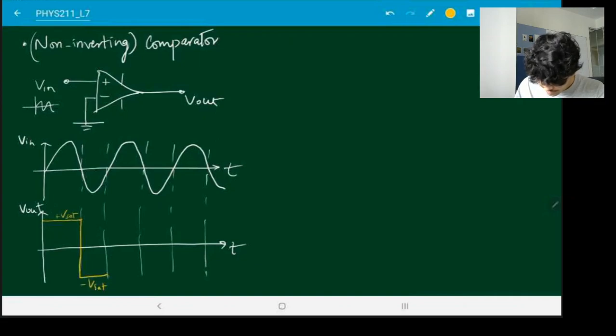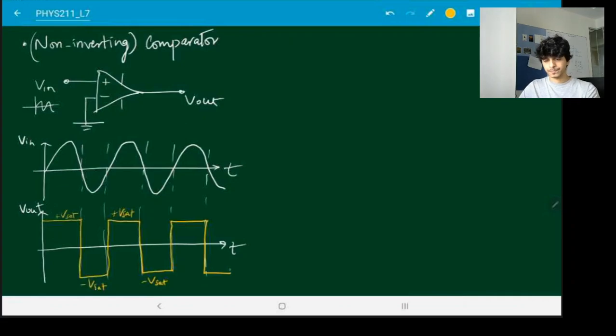Then once again, it goes to plus Vsat. Then again it goes to minus Vsat. And so on. So what we have done is we have converted a sine wave into a square wave.